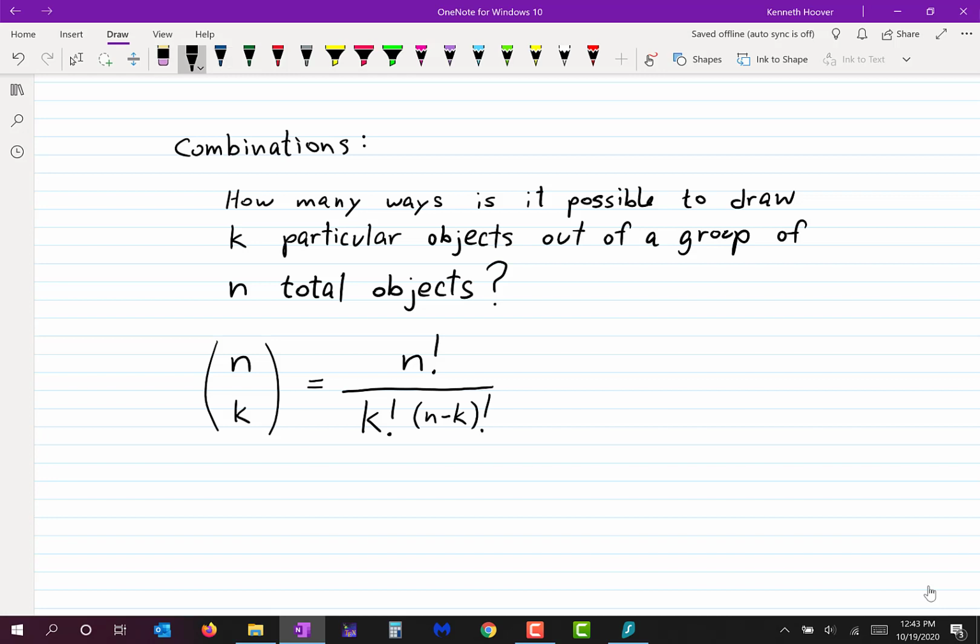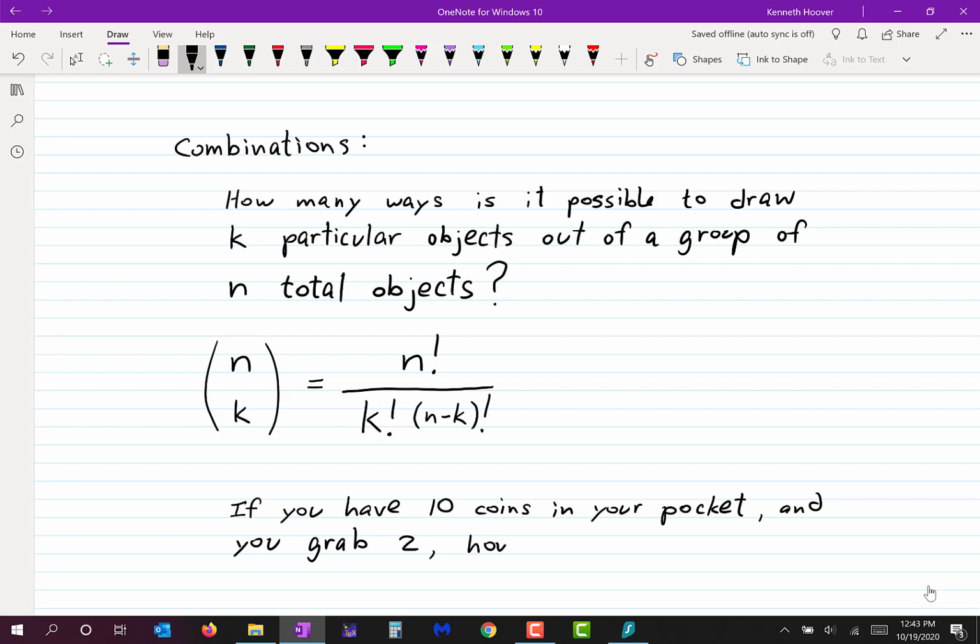Okay, so let's do that question about coins in your pocket. So if you have 10 coins in your pocket, and you grab 2, how many possible combinations, let's call them since that's what they're called, are there?